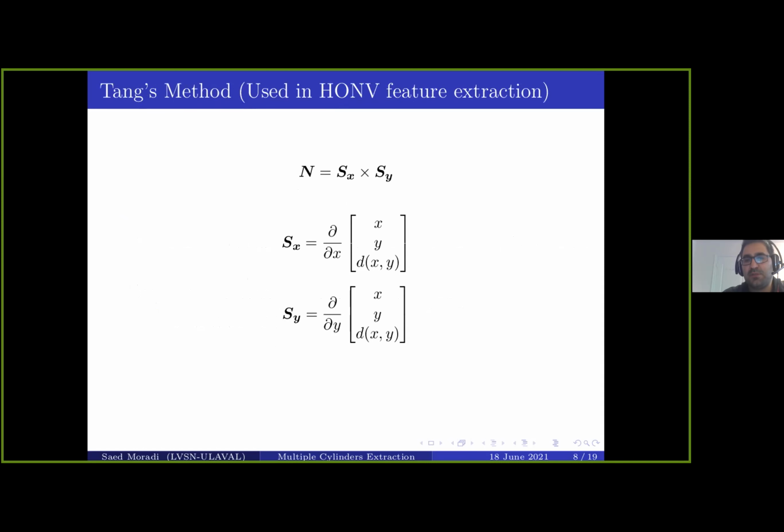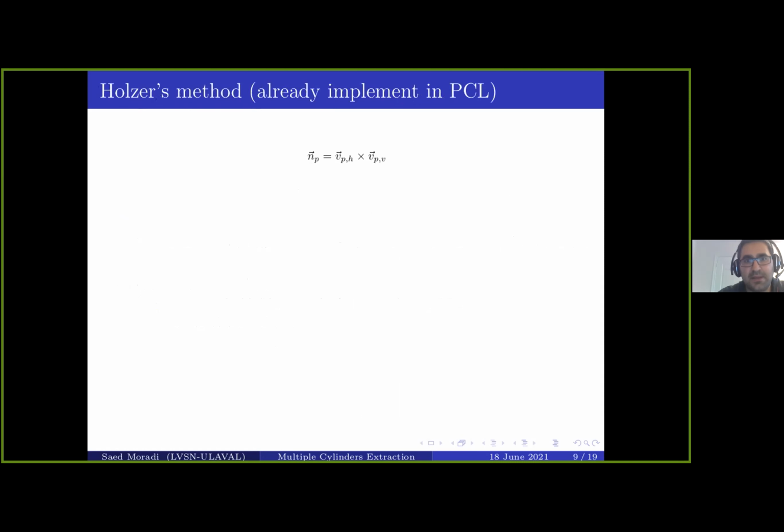The problem with this method is that they construct the tangent vectors from the first step in a wrong way, so the final normal vector is not what it should be. The second method is already implemented in the Point Cloud Library, a C++ based library to accelerate 3D operations.